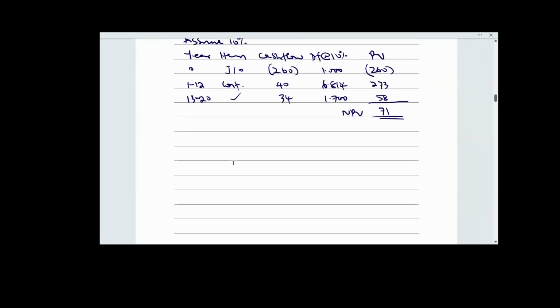So with this, I can then calculate the internal rate of return, IRR, equal to lower discount rate plus NPV of the lower discount rate over NPV of the lower discount rate plus NPV of the higher discount rate, multiplied by higher discount rate minus lower discount rate.